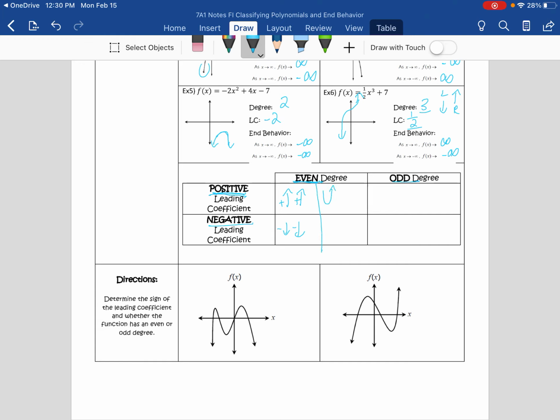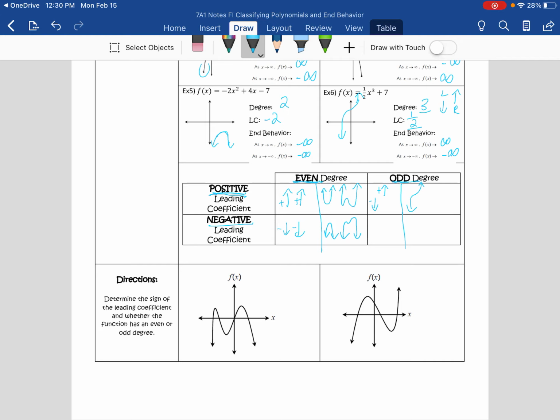So up, up, down, down. Some examples would be you have your quadratic. So it could look like this, or you could have something really funky like this, or like that. Odd degree, it starts going down, then goes up. So you have negative, then positive. So it's odd and positive.